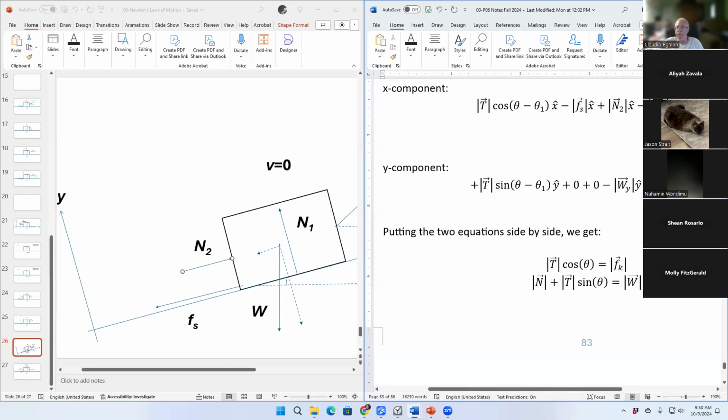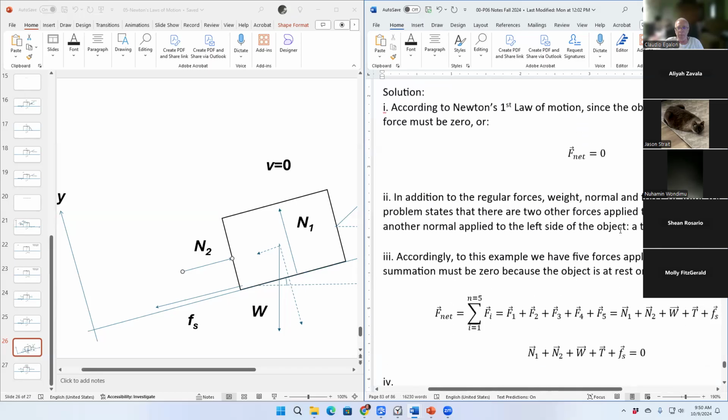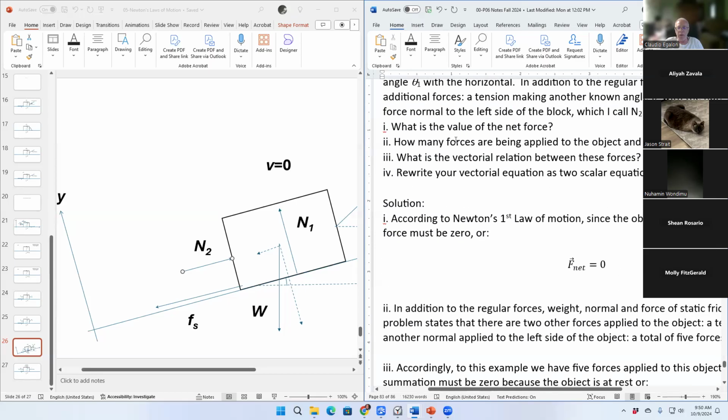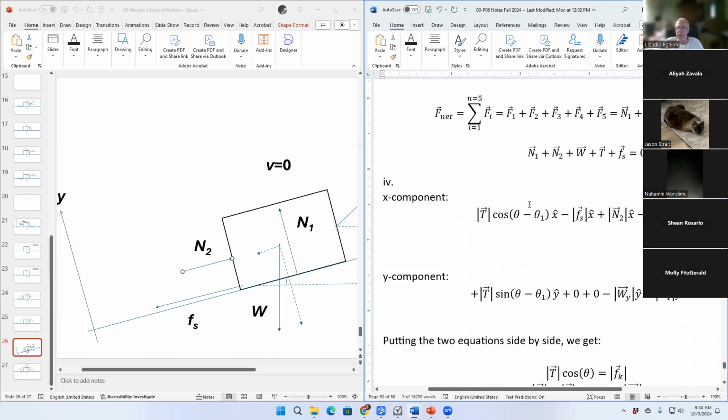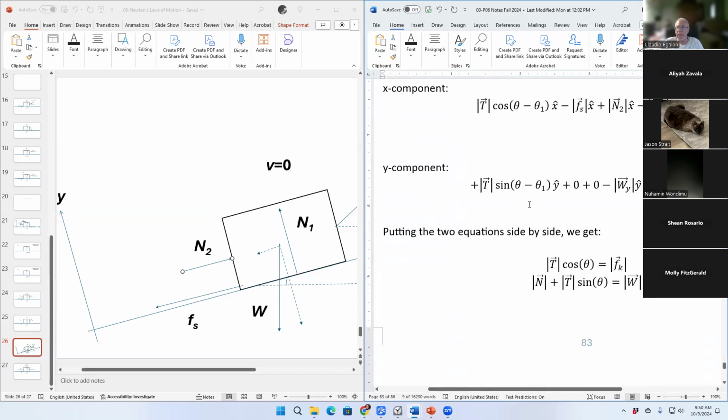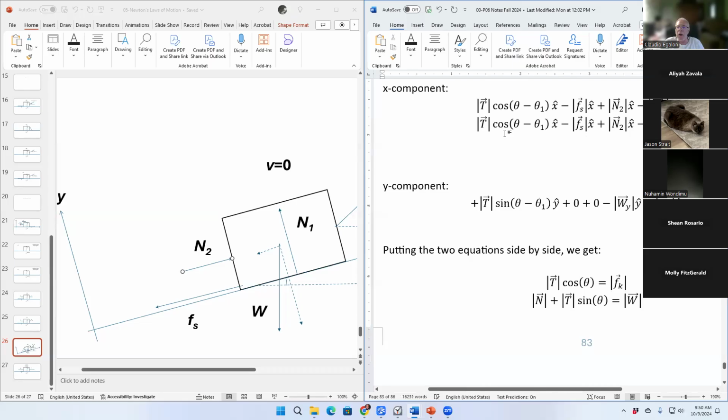Okay. Let's continue solving this problem. What do we want to do? Write your vectorial equation as two scalar equations. Let's just repeat what we did before.